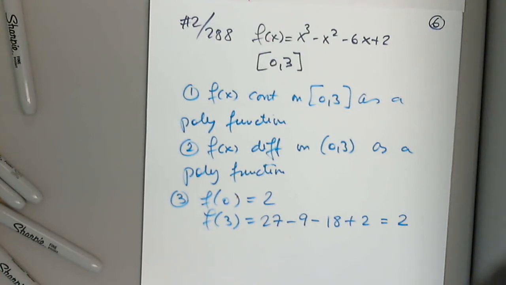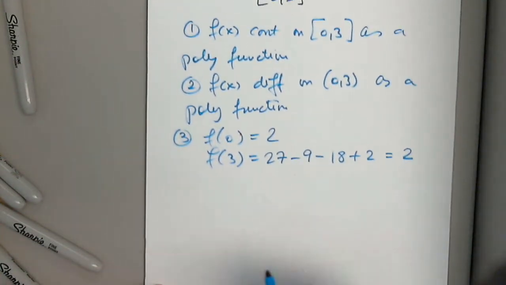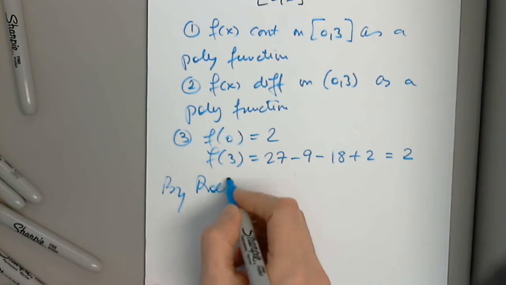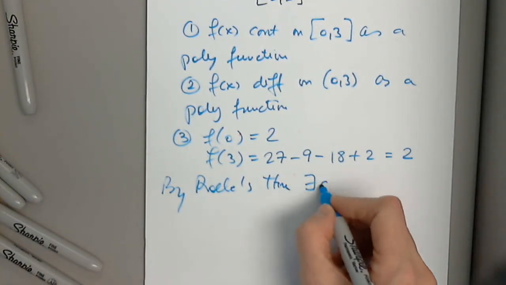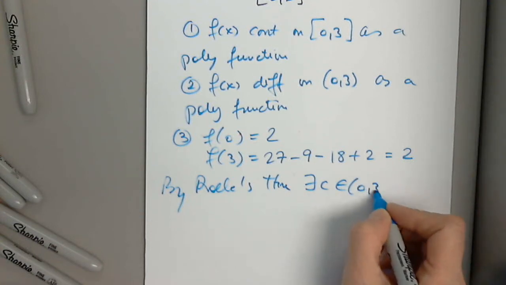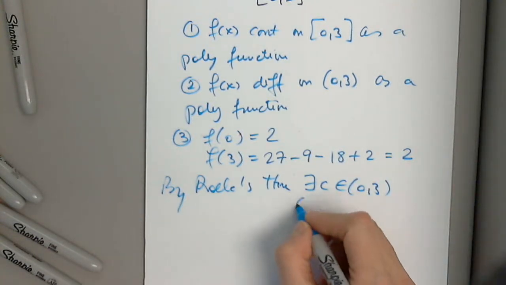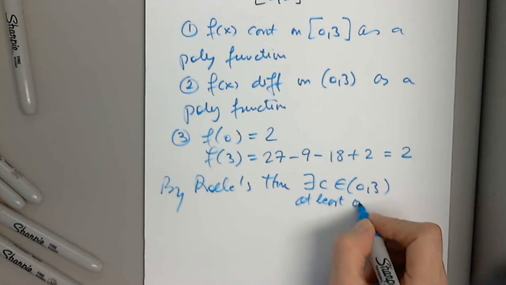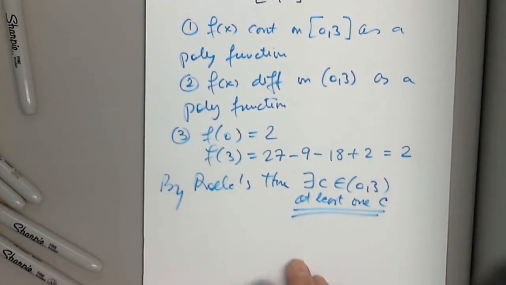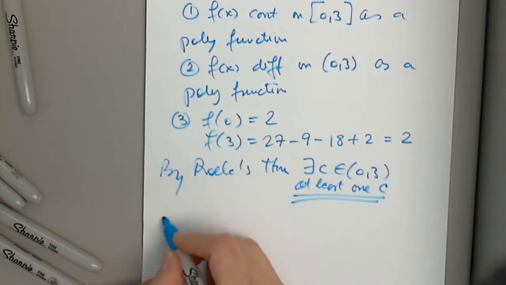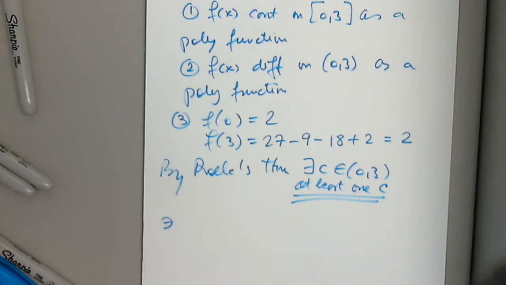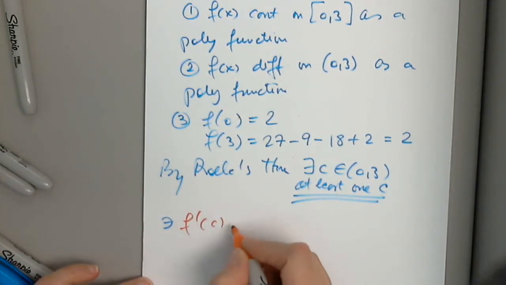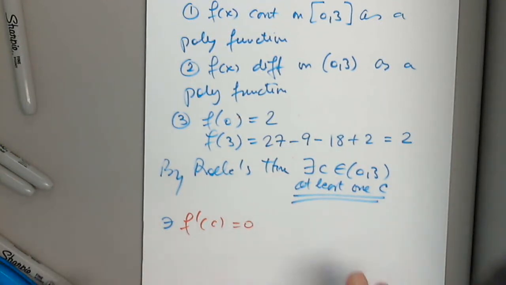Good. So now I have to say, by Rolle's theorem, there exists a c in the open interval (0, 3), at least one c, guaranteed, such that, what do I have to write? Of course, it must be a turning point somewhere, a max or a min, at least one.